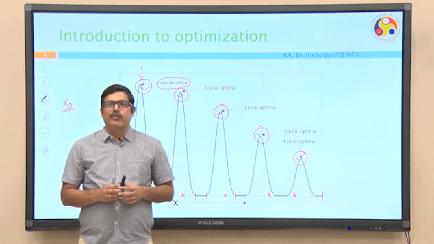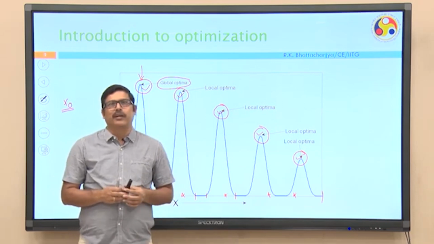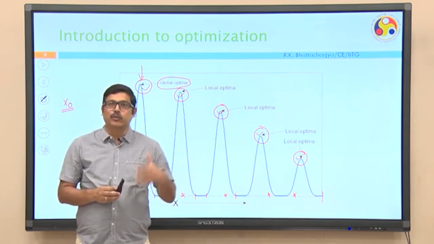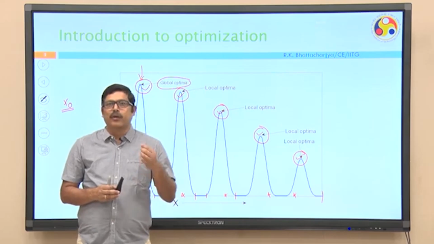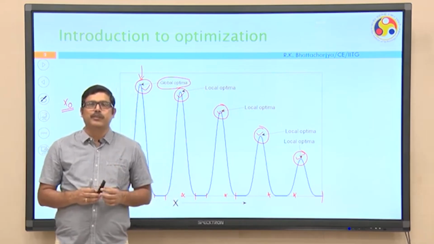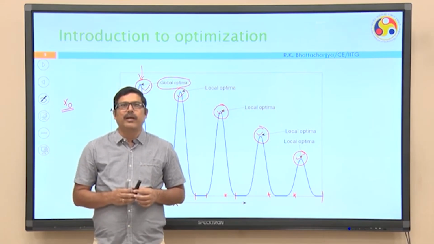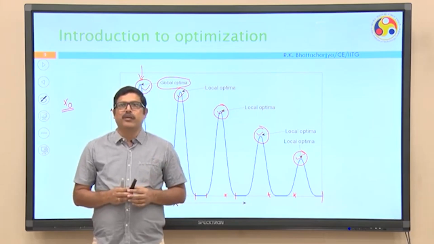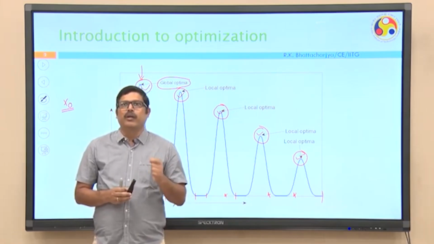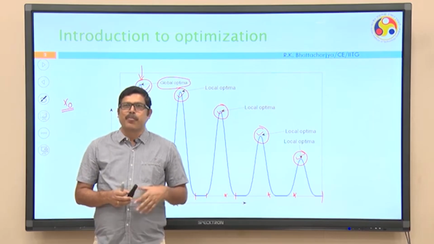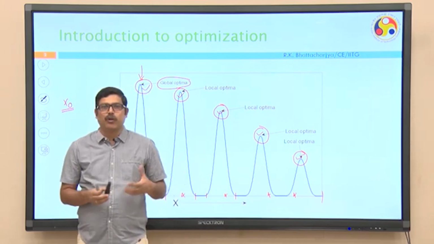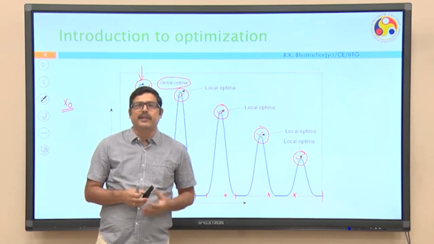If you have luckily chosen a correct initial solution, you may get the global optimal solution of this problem. Otherwise, what will you get? If you apply the classical method, you will get a local optimal solution. So what should be the procedure? What should you do if you apply the classical method?